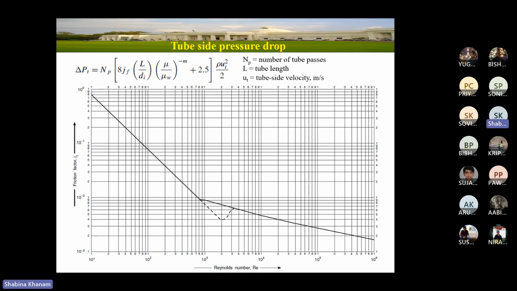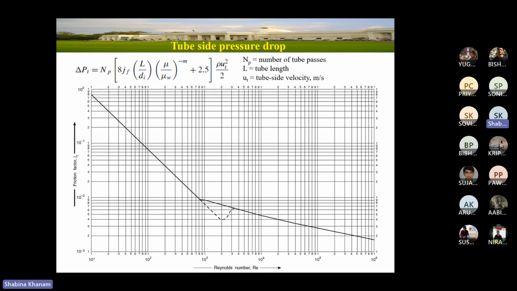So if you consider this, in 1-2 pass I'm having 2 contractions, because fluid will enter twice in the tubes. So 2 contractions will be there and twice it will exit the tubes, so 2 expansions will be there.